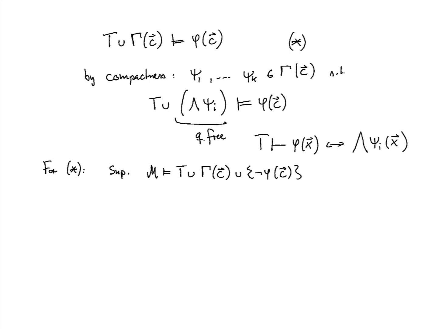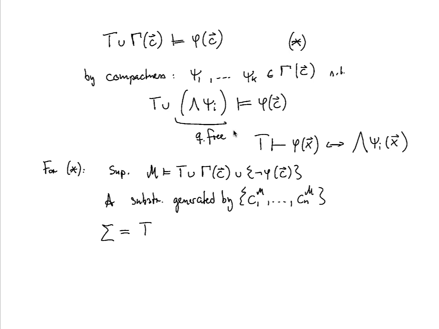So let's call that M. And we look at A to be the substructure generated by the interpretation of the constant symbols in M. So c1 in M up to cn in M. Now what you do is you take that substructure A and you take its simple diagram, right, and add it to T together with phi.